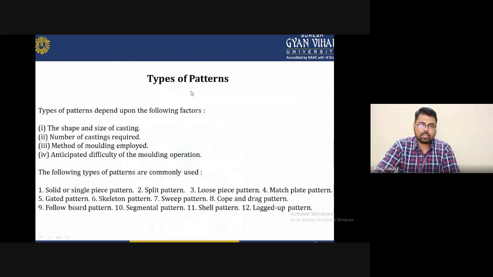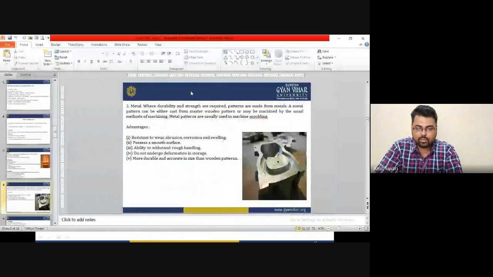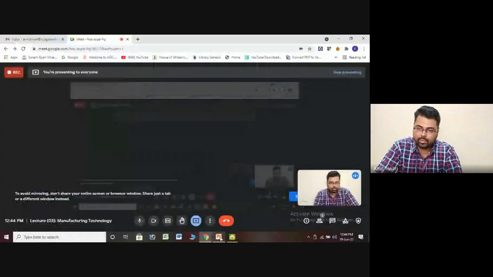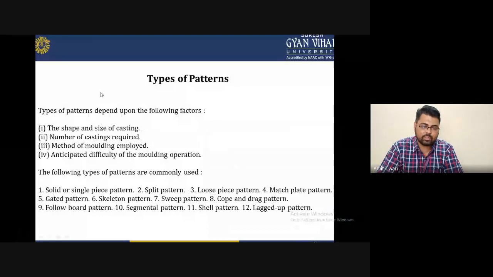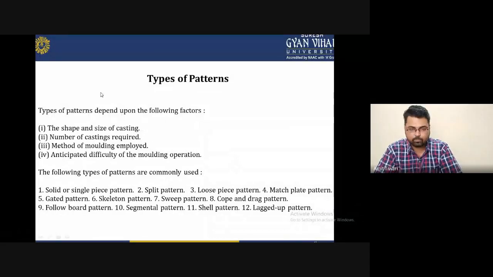Now let us study the types of patterns. The types of pattern depend upon the following factors. The first is the shape and size of the casting: what type of shape and size the product has will depend on the pattern.